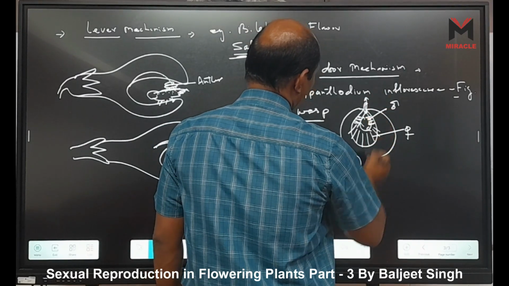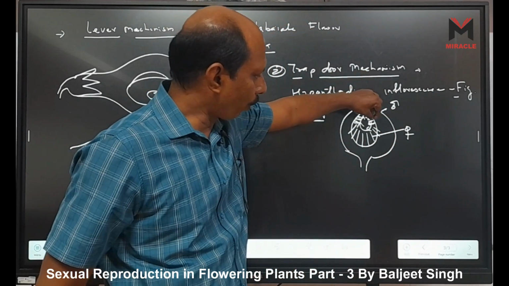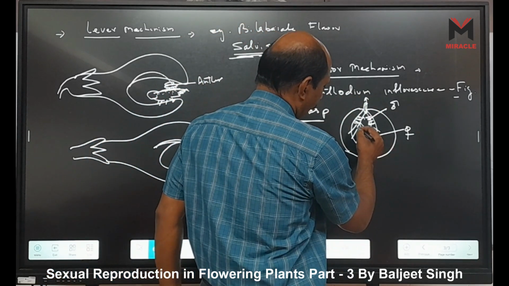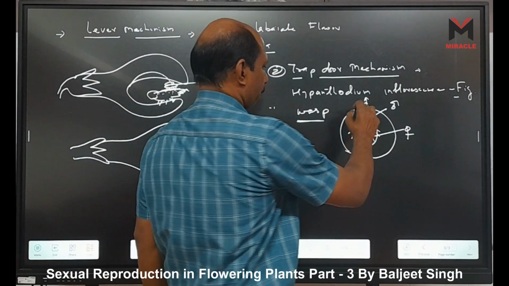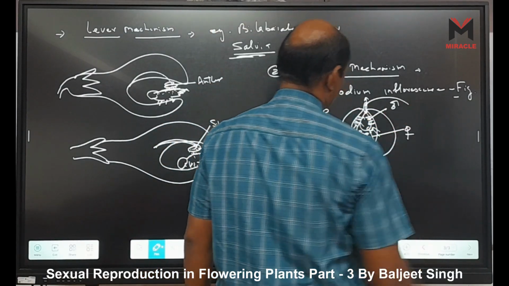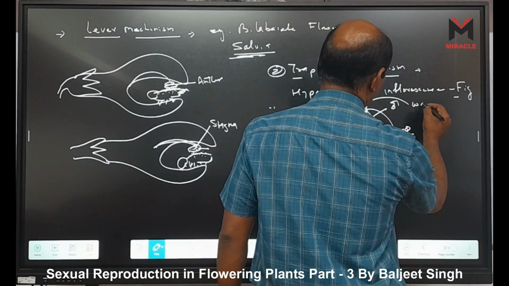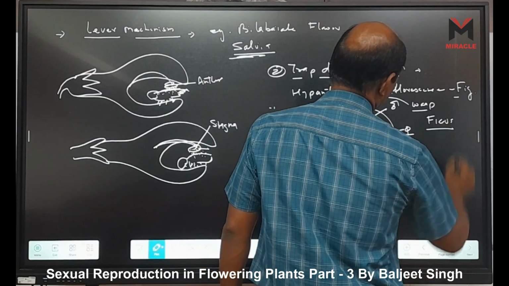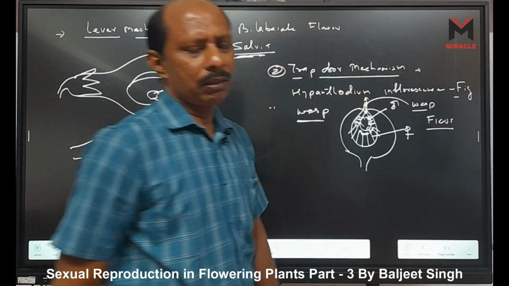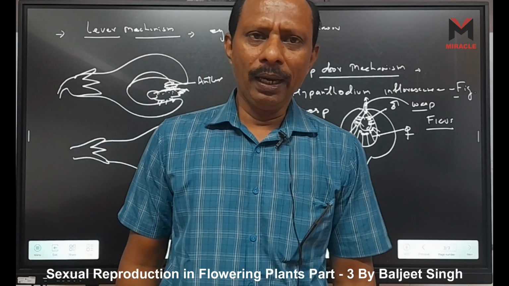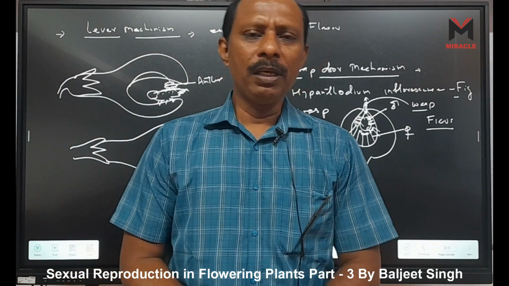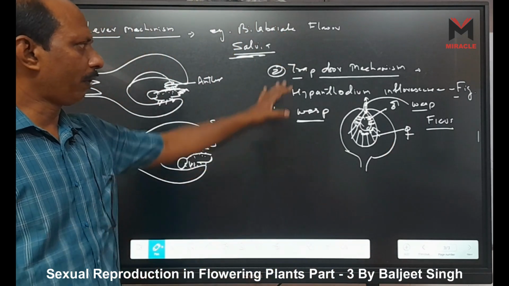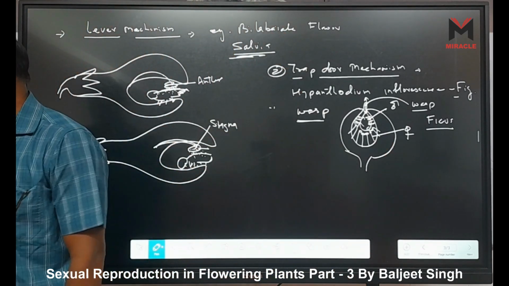In this pattern, what happens? These anthers come from that side and it brings this anther to the stigmas and then moves outside. This is a special wasp, right? So pollination occurs through wasp only. In case of the Ficus family, Ficus means what? It may be Ficus benghalensis, it may be Ficus religiosa, the peepal, banyan, right? In fig, this type of trapdoor mechanism is present.